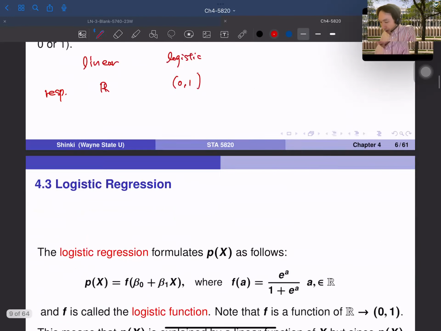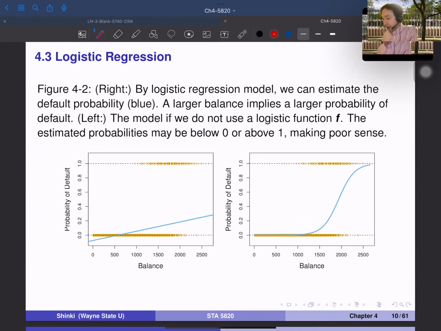So basically, we go to this slide first. This is the conceptual graph. The left-hand side is what happens when we fit the usual linear regression to a binary response variable, and this blue fitted line makes poor sense. The right-hand side is the logistic regression, where we consider the probability. We focus on a specific range, for example, here. Then we have the proportion of default and not in default.